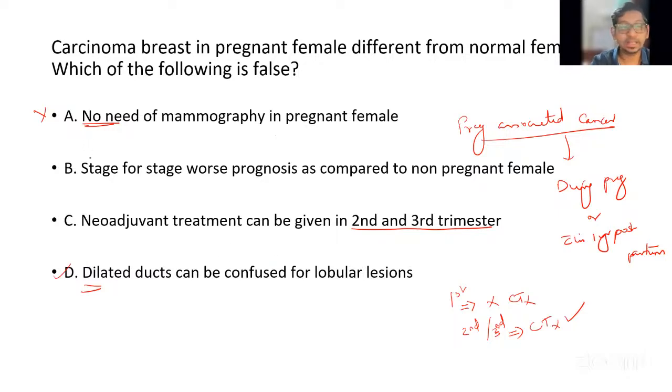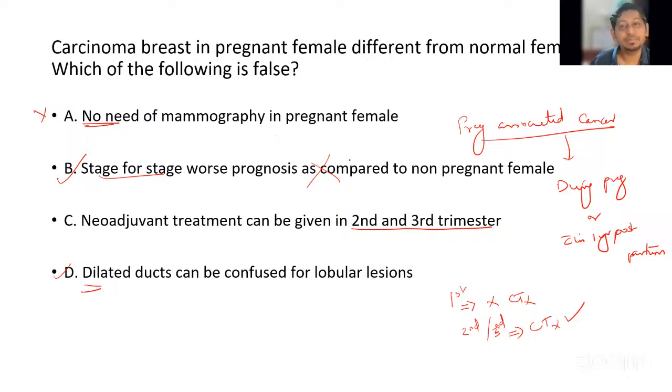So the correct answer here is stage for stage, worse prognosis as compared to non-pregnant female. Correct, since this statement is false. So remember, the pregnancy associated breast cancer is considered a little more aggressive disease, but when you look at stage by stage or stage for stage comparison, the outcome is the same as a non-pregnant female.